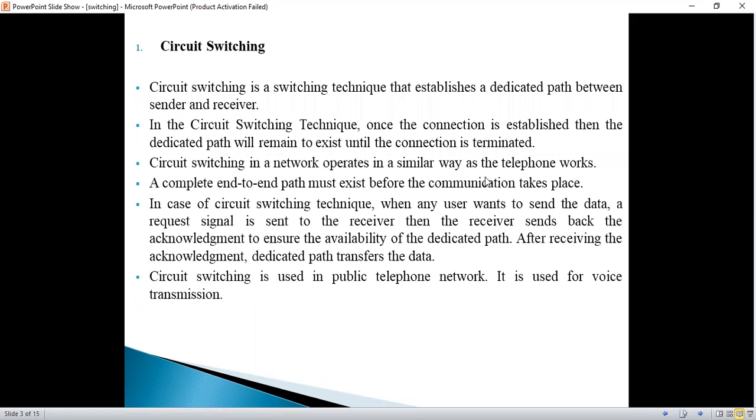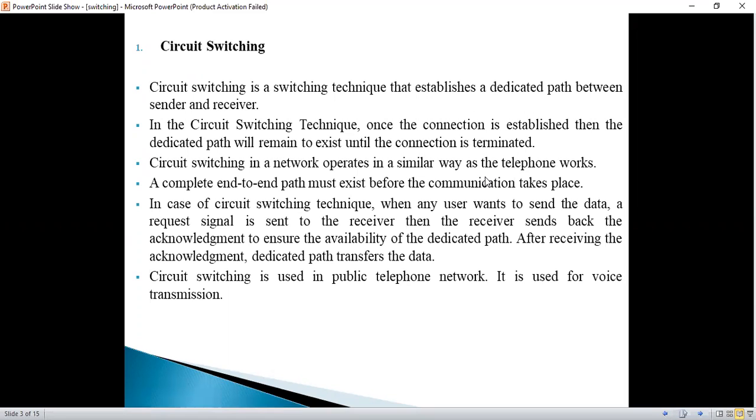So what happens in circuit switching? In circuit switching, within a network, whichever devices are connected, right, if they need to communicate with one another, then a path is dedicated between them, right? A path is reserved for them.